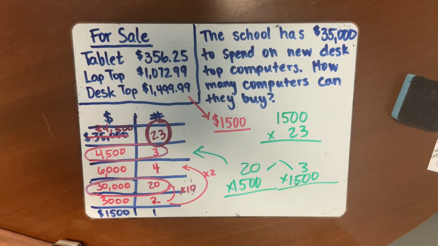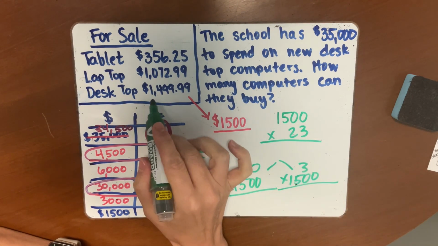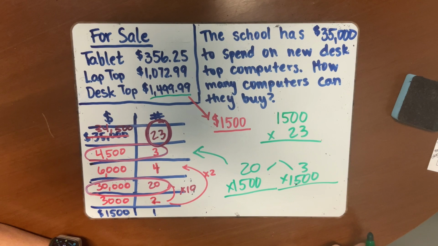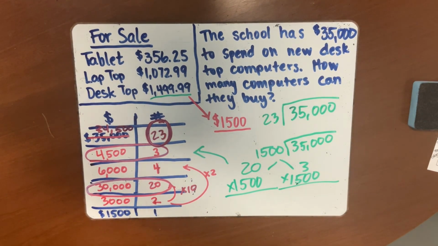What's another way I can check with estimating, not doing an exact number? I do not want to do this $1,499.99. That is too complex. Make it easier for ourselves. Go ahead and pause the video now and decide how you might check with estimating. I thought of two more ways.